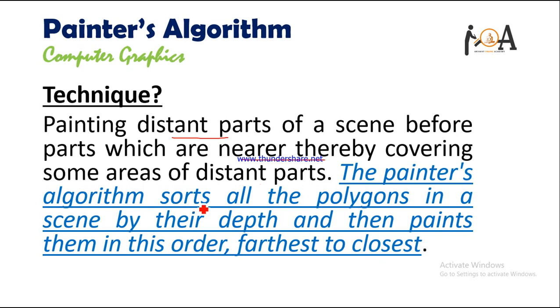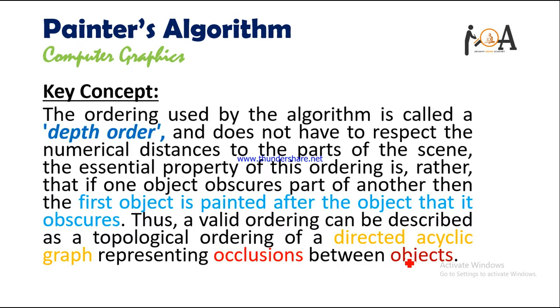The Painter's algorithm sorts all the polygons in a scene by their depth and then paints them in this order, farthest to closest. By their depth they will sort, and then paint them in the order from farthest to closest, right?